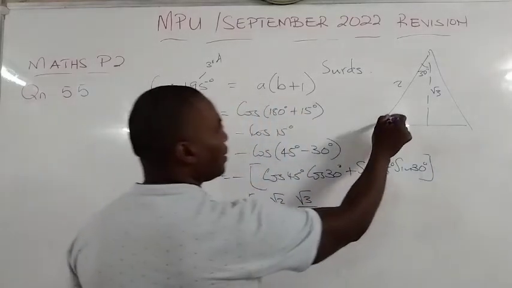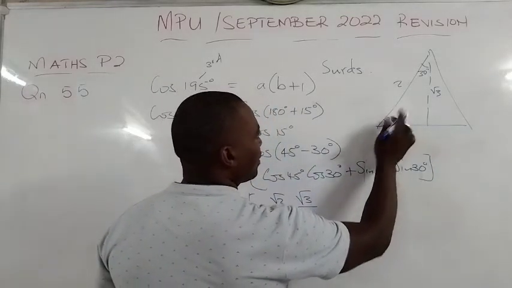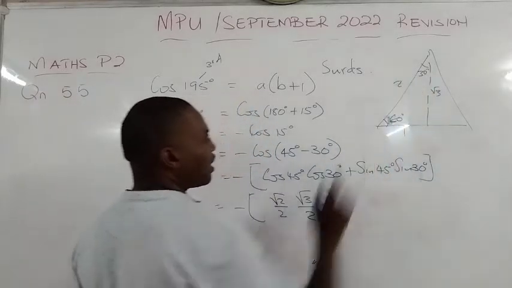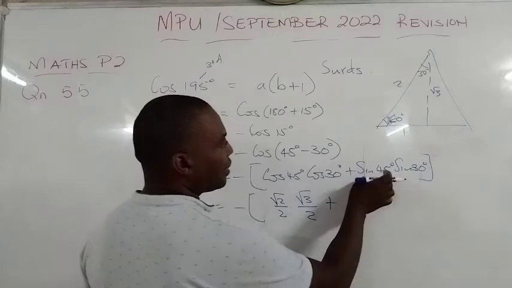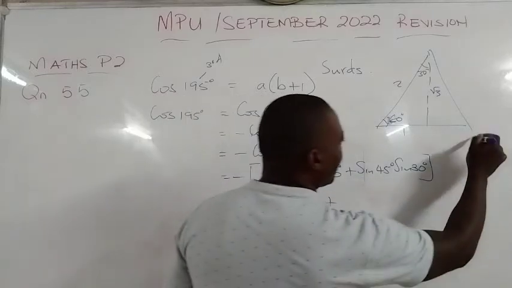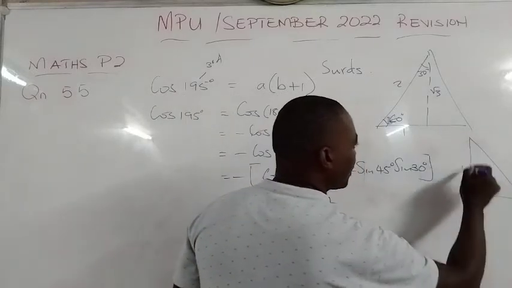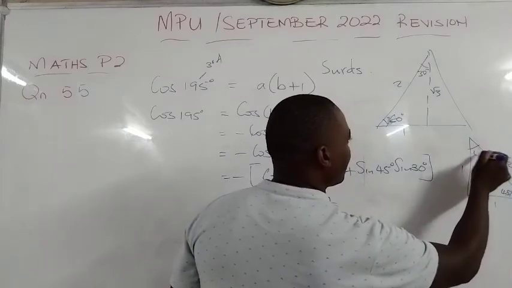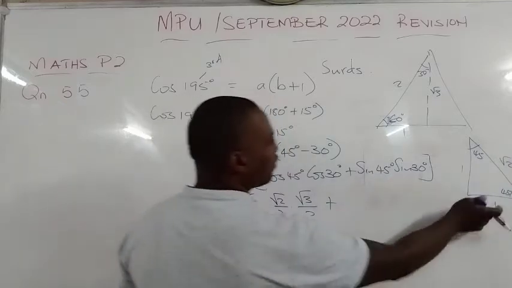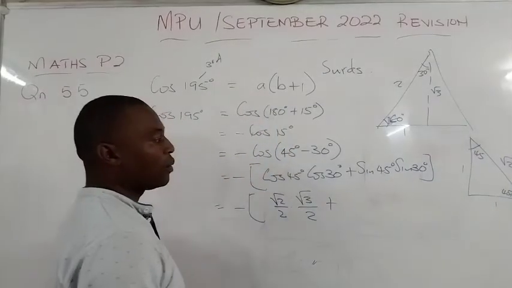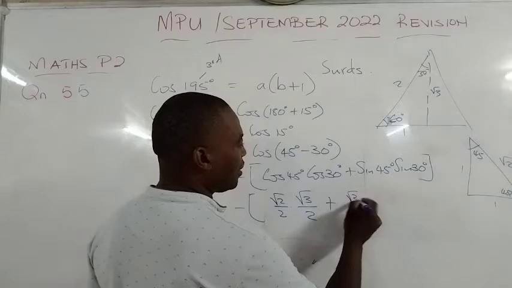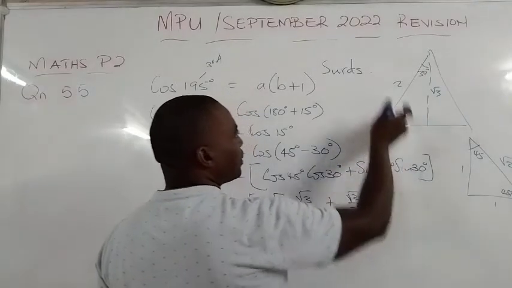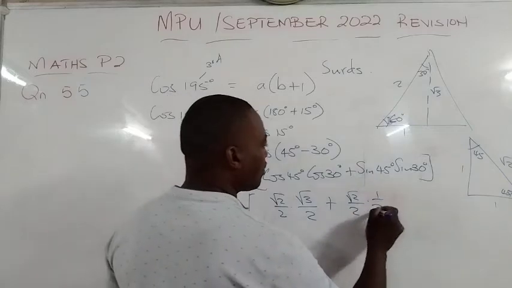So when you say cos 30 degrees is adjacent over hypotenuse, plus sine 45 degrees, we know we are using an isosceles 45 degrees. So sine of 45 degrees is 1 over root 2, or root 2 over 2. Sine 30 degrees, we come back, it's opposite over hypotenuse, which is 1 over 2.